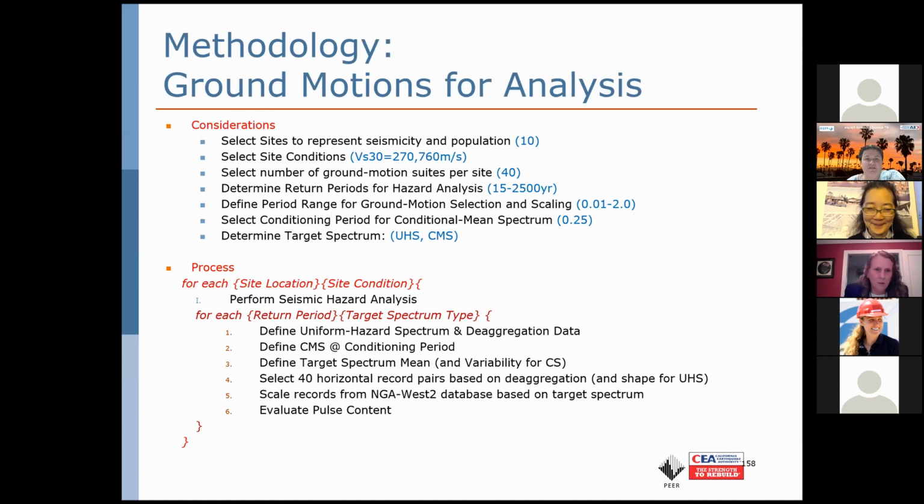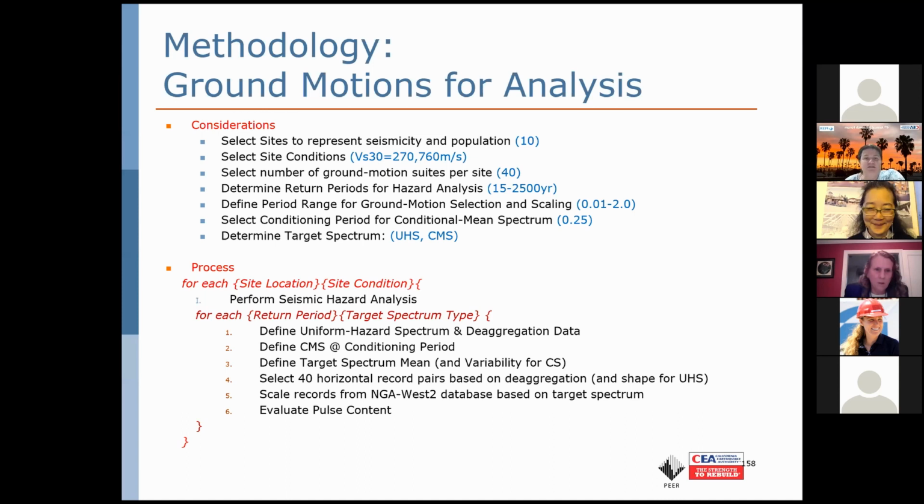And then we looked at a softer soil condition at 270 meters per second, which is much more representative of the actual site conditions at most of the residential areas where you would find these types of buildings. So it was very much picking points, but then being able to smear the data so that we were very much representative of all of California.